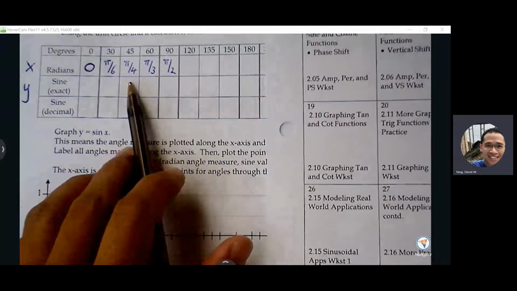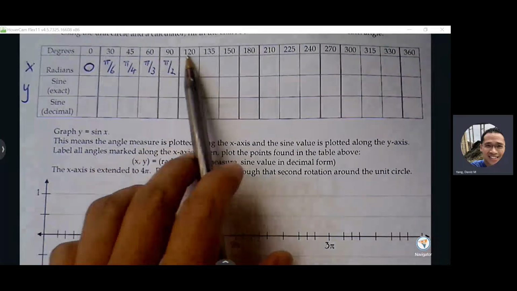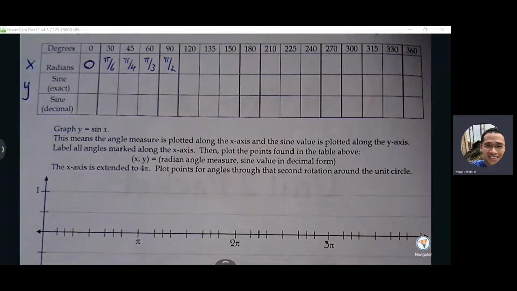We're going to take all the special angles. So I have all the degrees up here. Let's just put the radian equivalent right below it.